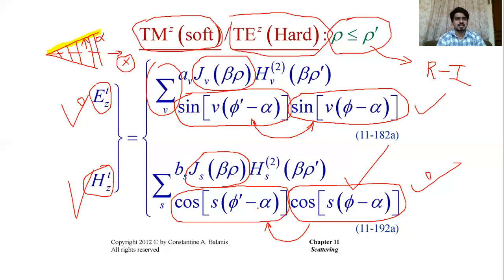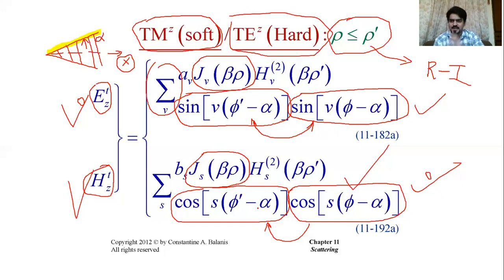So if your electric line source is also placed along the z-axis, then your E field is parallel to the edge of your wedge. In that case, the diffracted fields from that edge are very weak, and that's why this kind of polarization is called soft polarization.